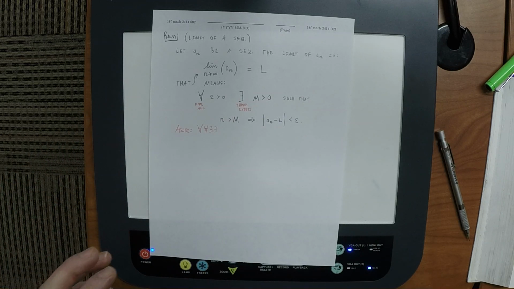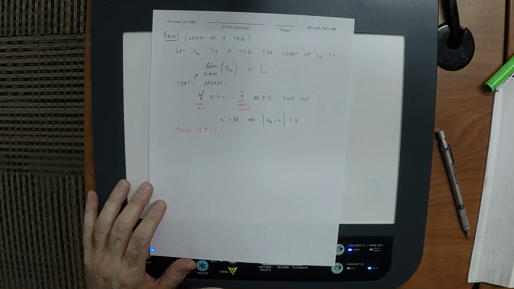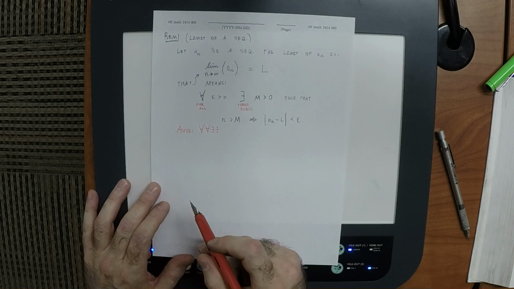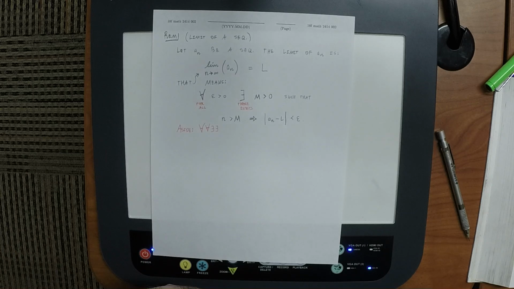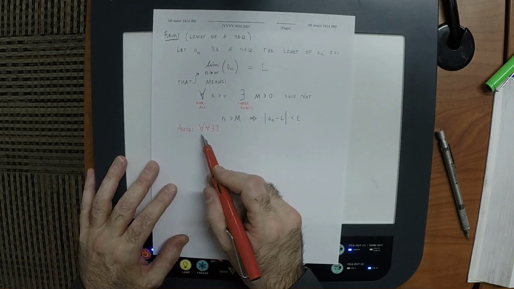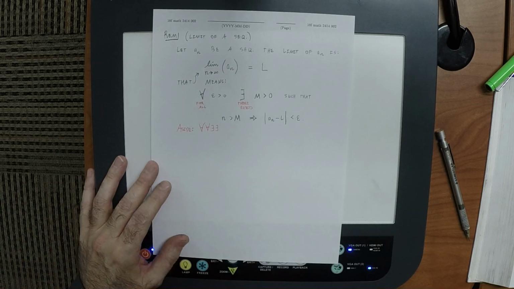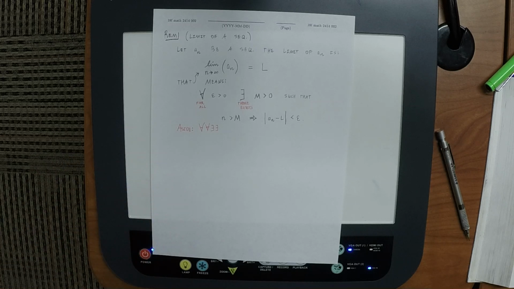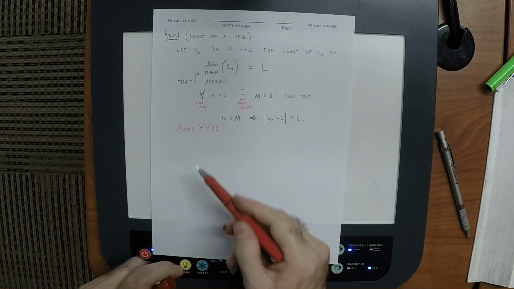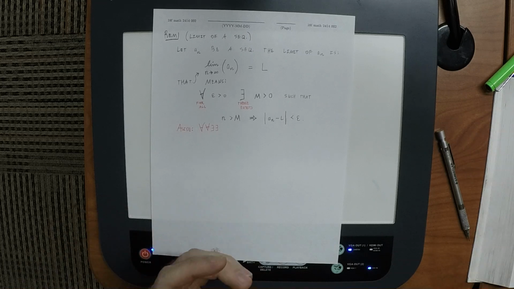Because it's a statement about math theorems and definitions, saying that for every one of these, there is one of those. I can't even tell you how funny that is.